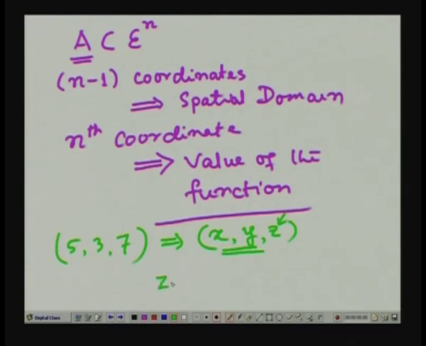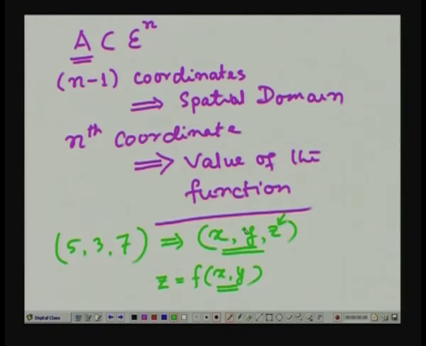So, I can represent this as z is equal to some function f of x, y. So, you find that the first two coordinates x and y represent a spatial domain, and the last coordinate, that is the third coordinate, represents the value at that particular location.